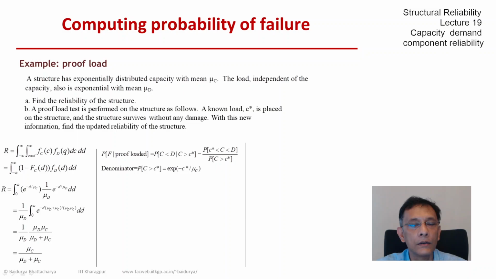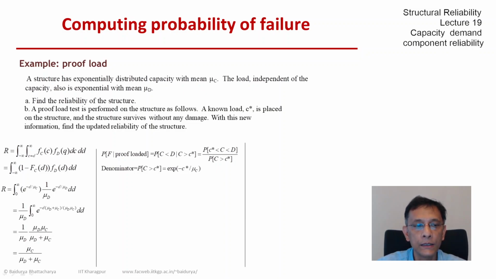So now my failure event is conditioned on C being greater than C star, and failure event is C less than D as before. So once I write that out as the conditional probability, let's take the denominator and numerator one by one. So the denominator is simply that C is greater than C star.